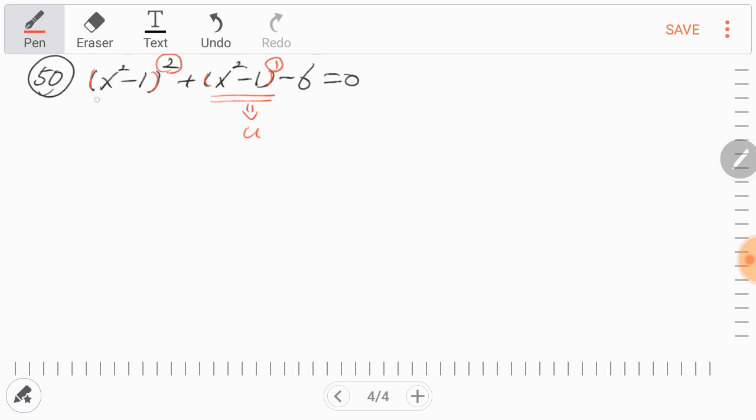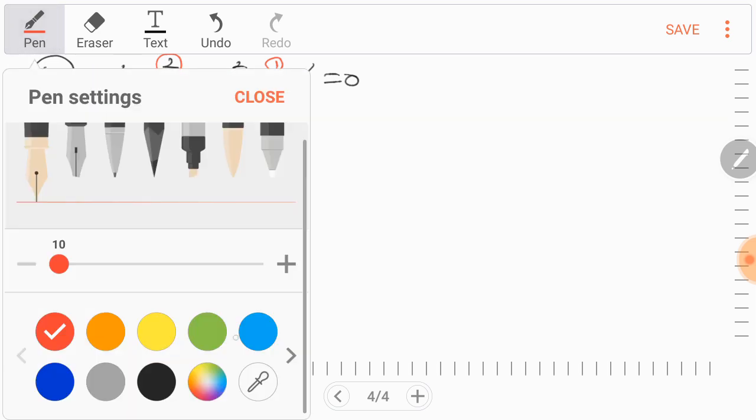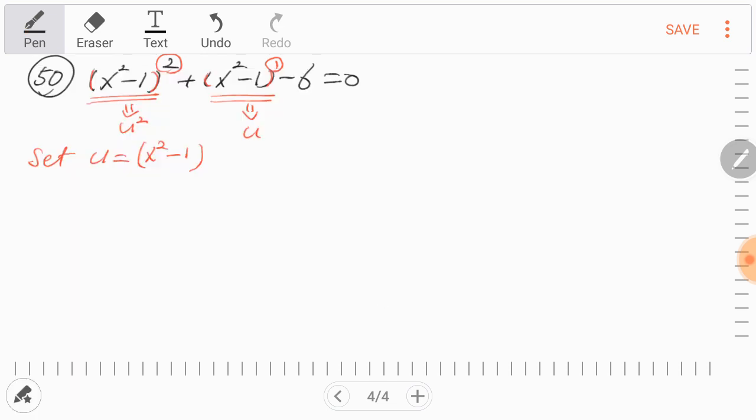Then this will be u squared. So let's set u equal to x squared minus 1 to the first power. Then the equation will be u squared minus u minus 6 is equal to 0.